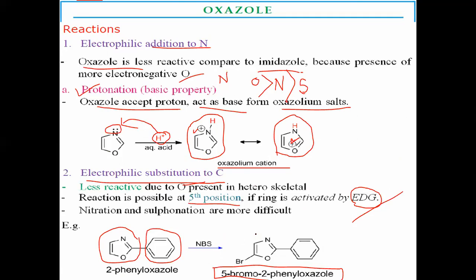Due to the electronegativity, it is unable to delocalize the non-bonding electrons present on it. So if an electron donating group is present, then and only then is there a possibility of electrophilic substitution at the fifth position.